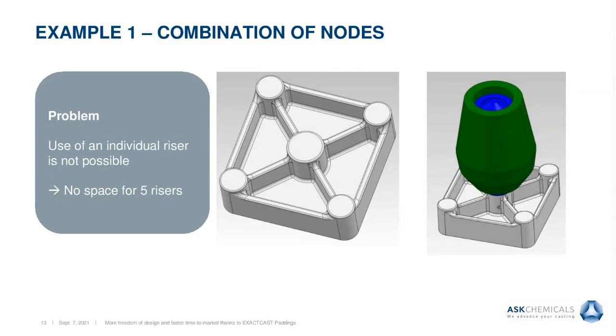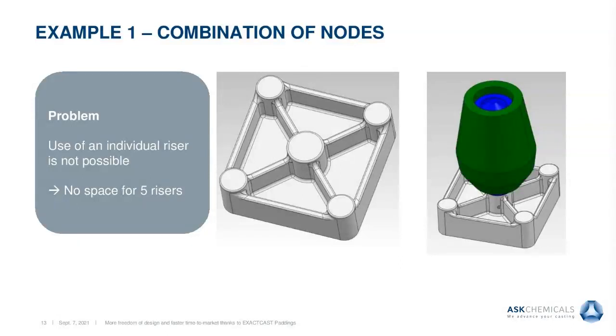What we normally do here is that we try to feed this with a standard riser, either exothermic or insulating or whatsoever. You can place this above the geometry and try to do that.